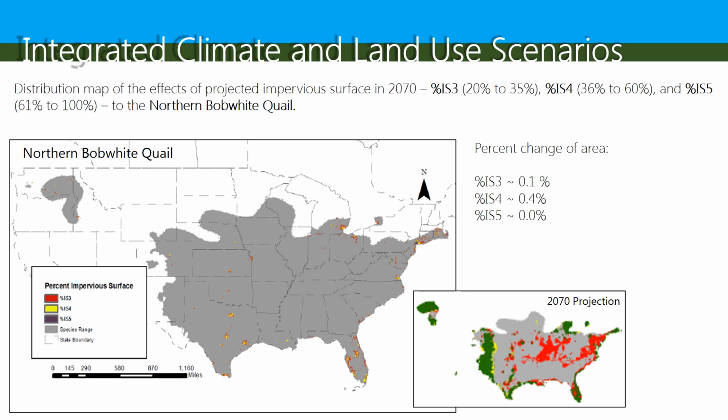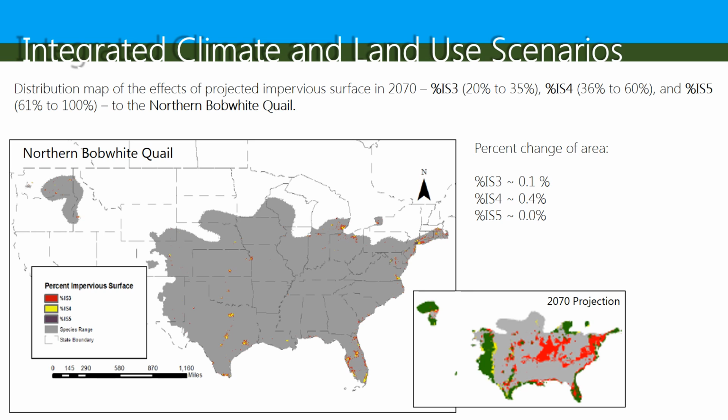When we integrated our 2070 projections for the northern bobwhite quail to the ICLUS, we found that those ICLUS pixels covered by 61% to 100% impervious surface in 2070, that's coded percent IS5, would never affect the projected future suitable envelopes we have modeled for the species.